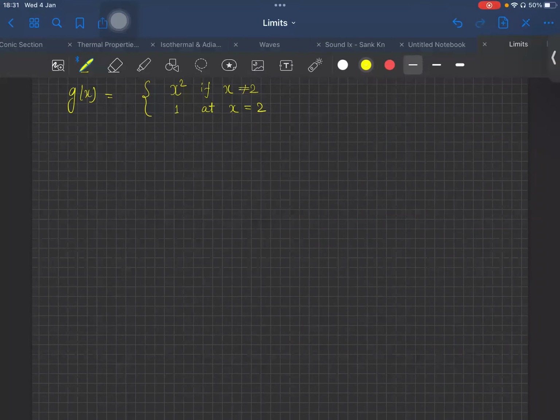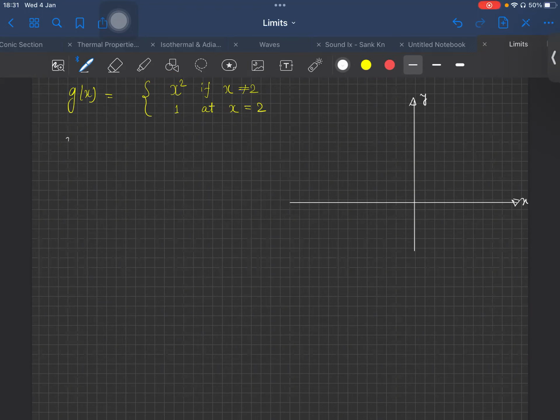Okay, let me do it. So as usual, this is our y-axis, and let's say this is x. We already know the shape of the function, right?